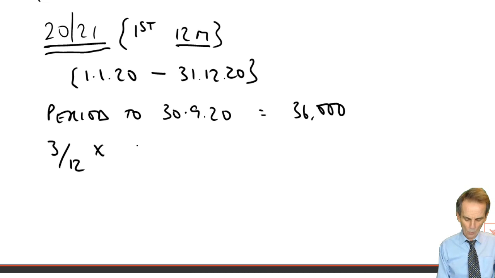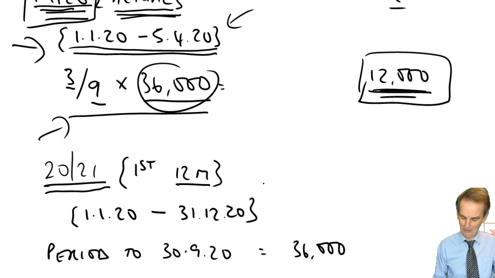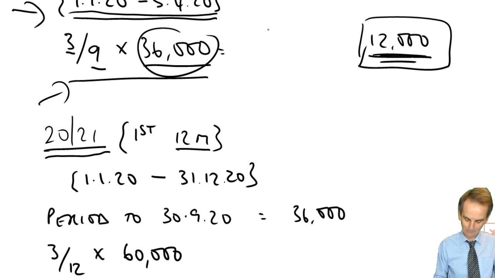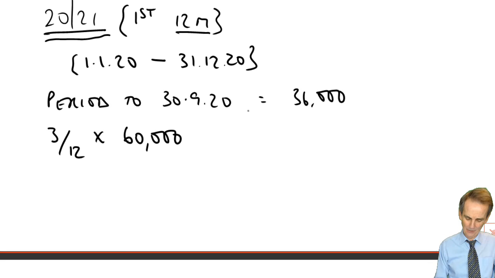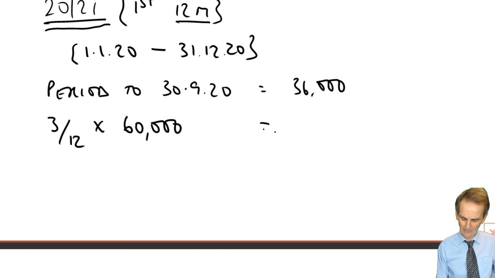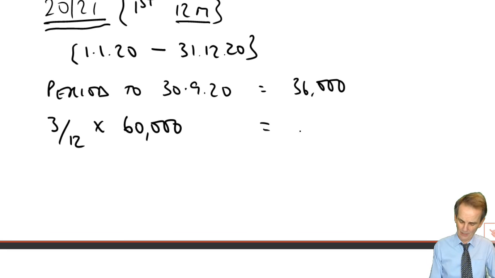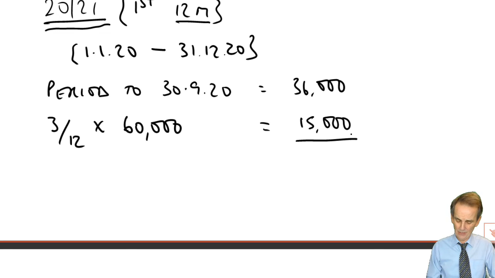3/12 of what was the profit of this period? It was £60,000. And 3/12 of 60,000, well, you've had a chance to work that out now for yourself. 3/12 of 60, that's a quarter of 60, so I think that is some £15,000. Add the two numbers together, 36 and 15 is, I think, £51,000.